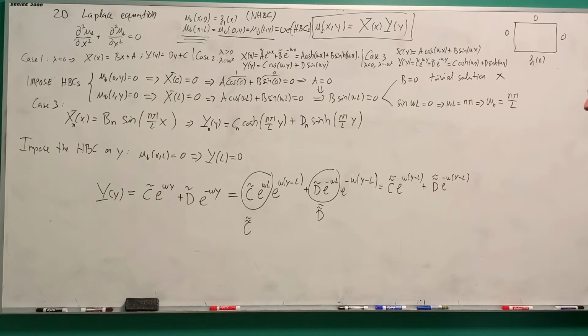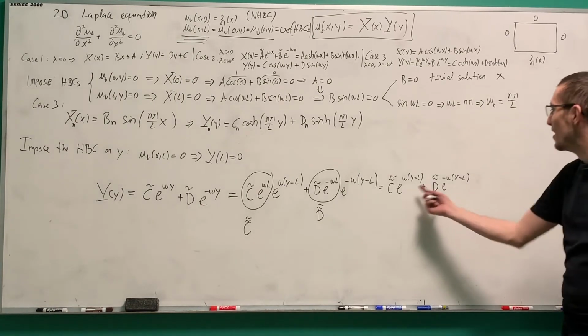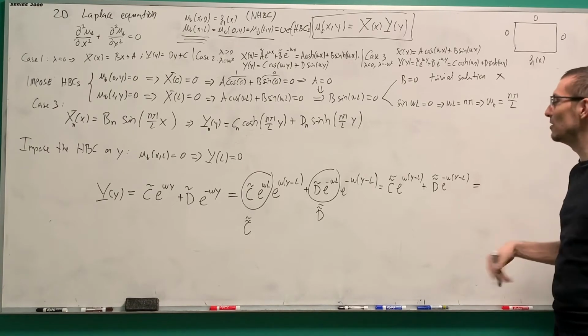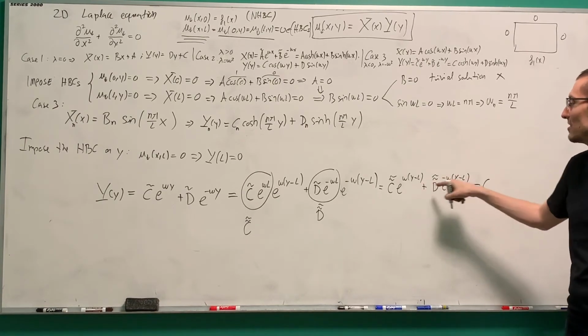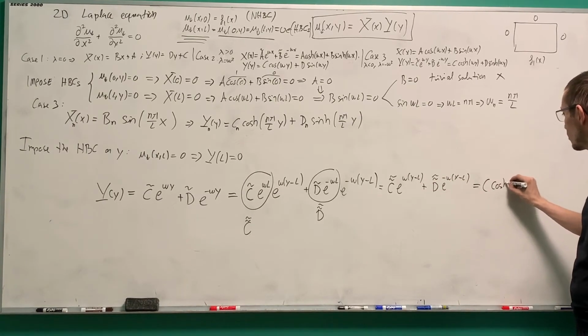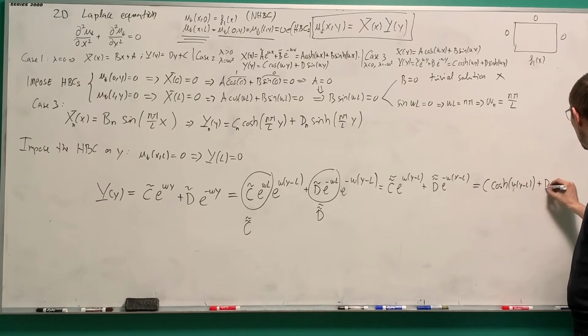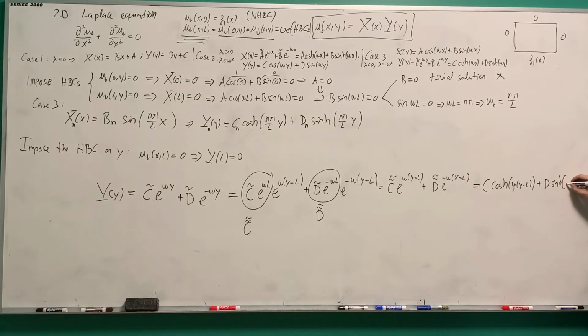You see? And one more step, because I know these are combinations of exponentials, arbitrary constant. I can define new c and d, in which these are cosh and sinh. C cosh of omega times y minus L plus d sinh of omega y minus L. Alright? So this is the little trick.